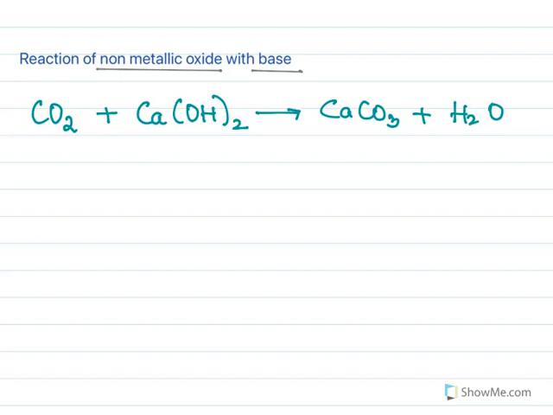So here we have carbon dioxide, and carbon dioxide is a non-metallic oxide because carbon is a non-metal. It reacts with calcium hydroxide, and calcium hydroxide is a base, to give you calcium carbonate and water.